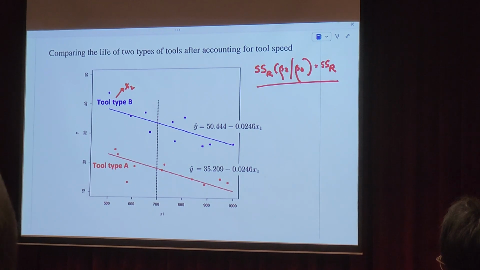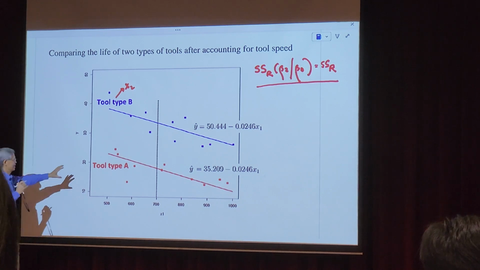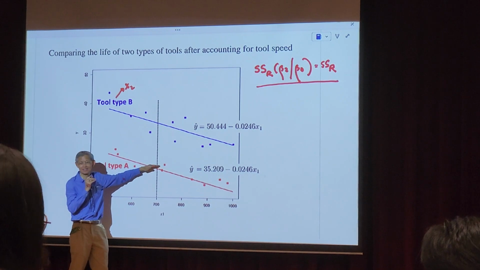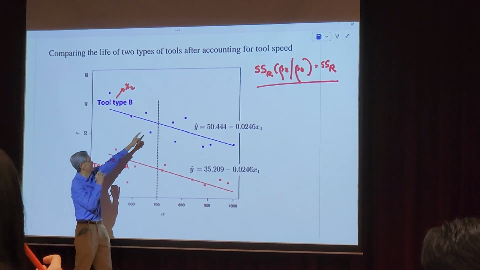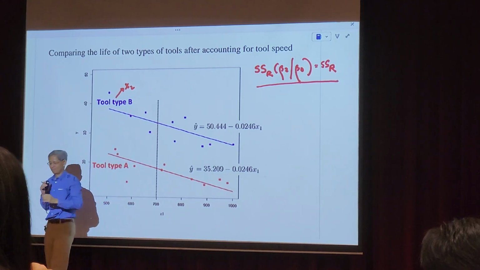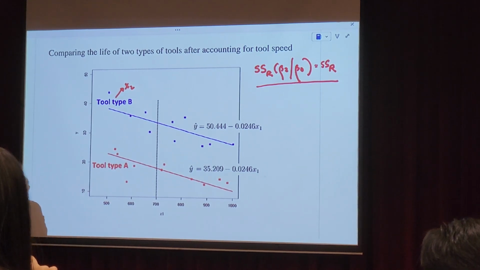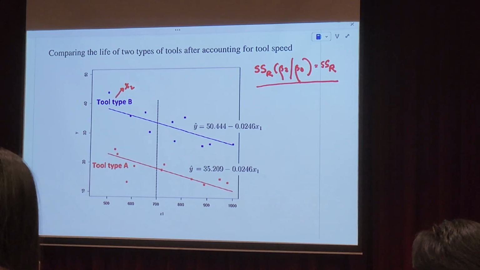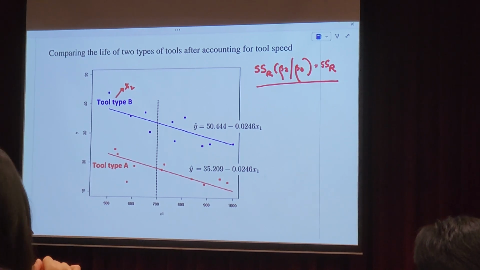When I do not consider tool speed in my test, I'm only looking at x2. For tool type A, I calculate the average lifetime, and for tool type B, I calculate the average lifetime. Then I compare these two lifetimes.